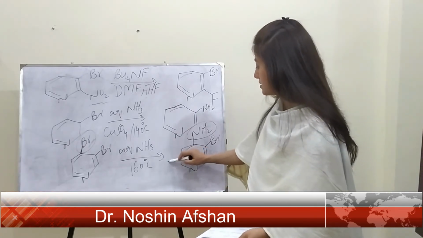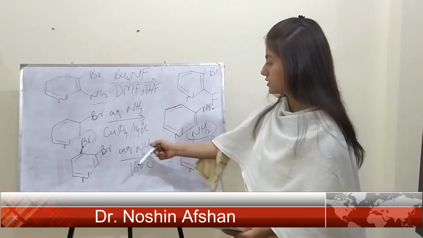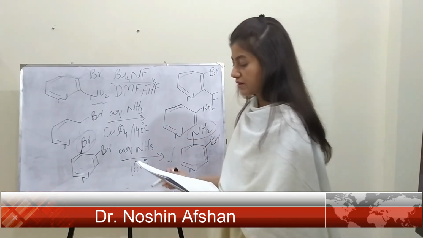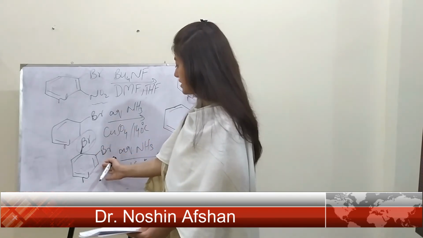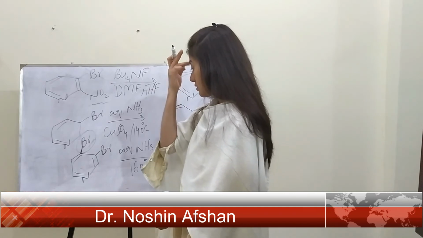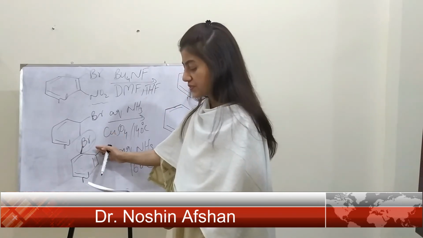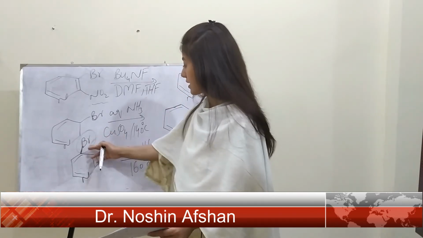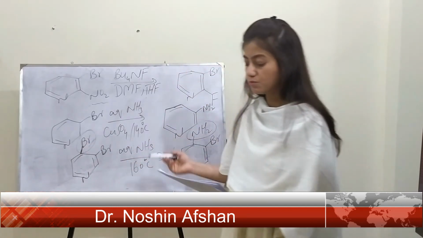So this example leads towards that point, that out of these 2 bromines, the gamma fluorine or gamma bromine would be displaced more rapidly.